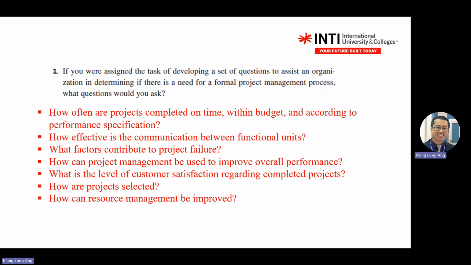This is after you hand over the project, or before the project closes, you need to assess the customer satisfaction, or customer review, or how the project can be selected, and so on, and the resources, how you manage your resources in this project.